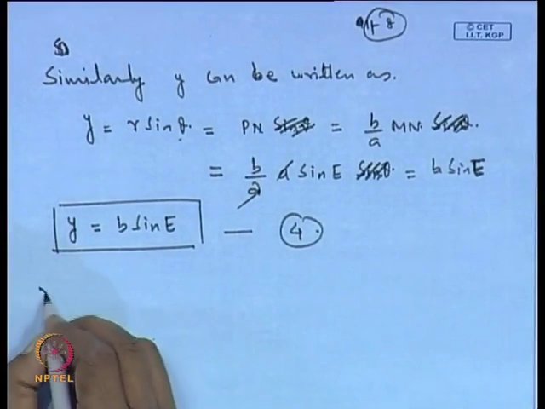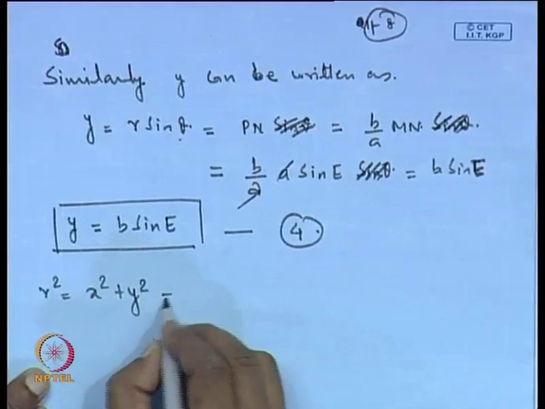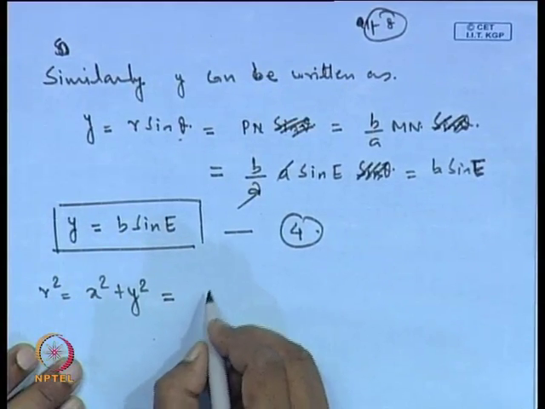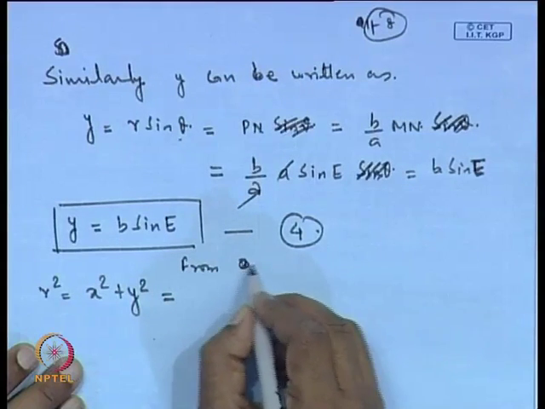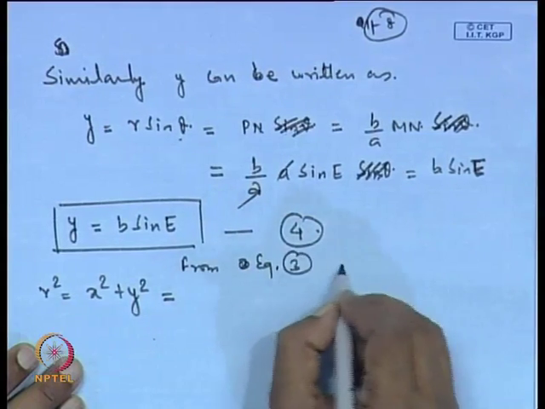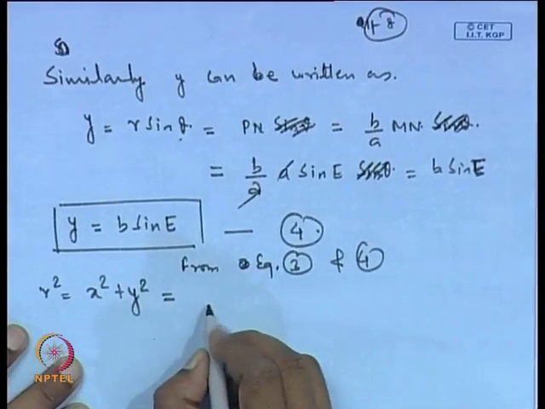Now, therefore, r square can be written as x square plus y square. So, from equations 3 and 4, we can write r square is equal to x square plus y square.